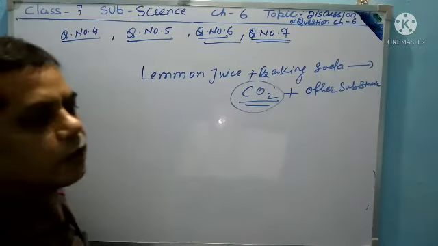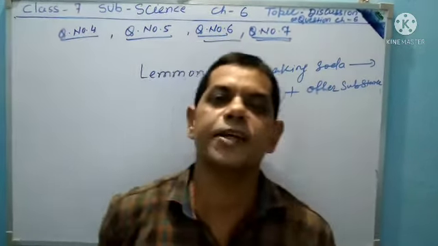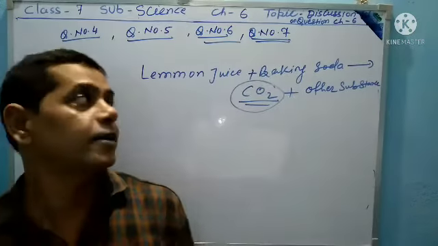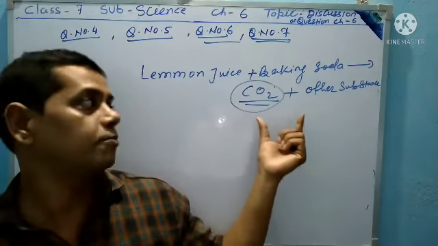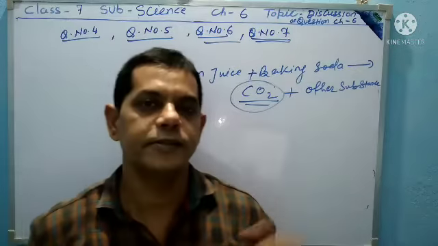So that is question number 4: when baking soda and lemon juice are mixed together, the gas formed is carbon dioxide.